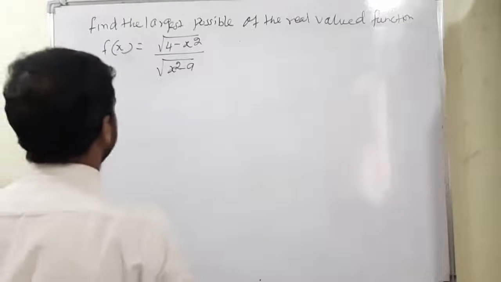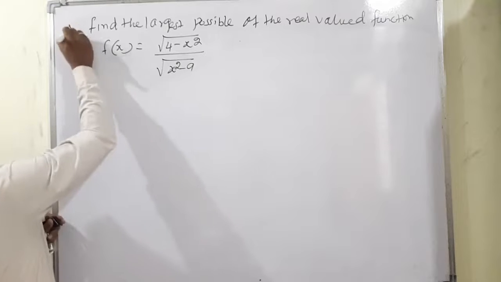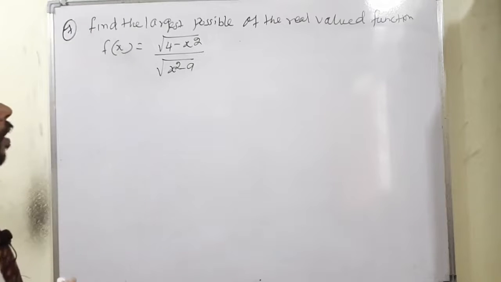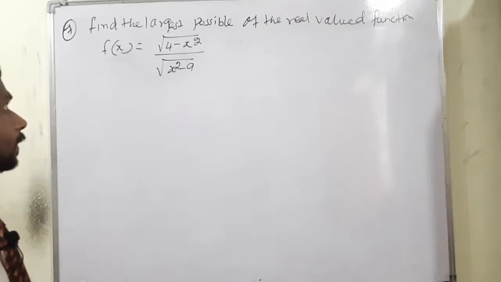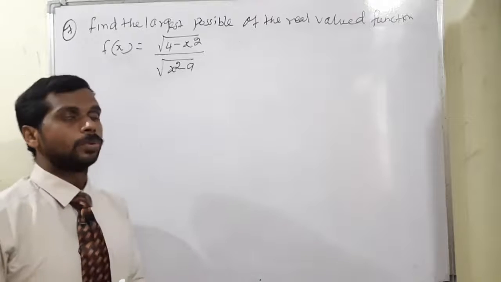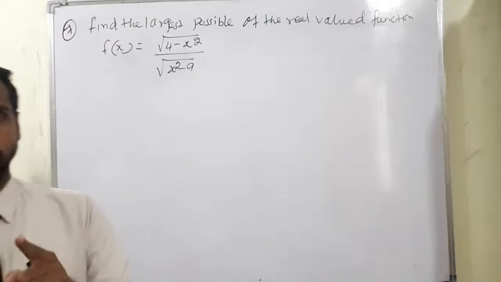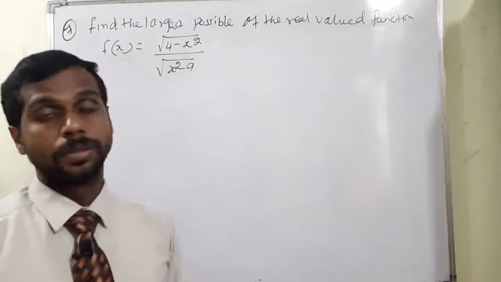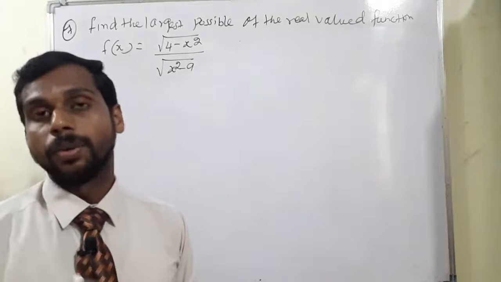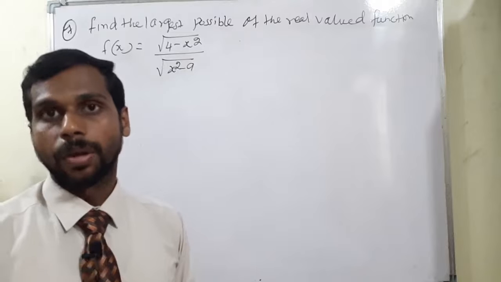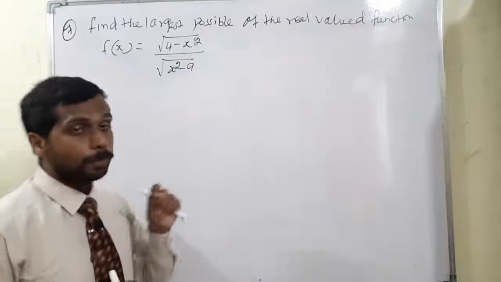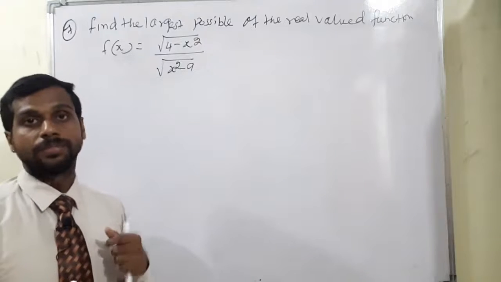Question number 7. Find the largest possible domain of the real valued function f of x equal to square root of 4 minus x square over square root of x square minus 9. I already taught this, the same question. For any value inside a square root, it should be positive, then only we can say it is a function.